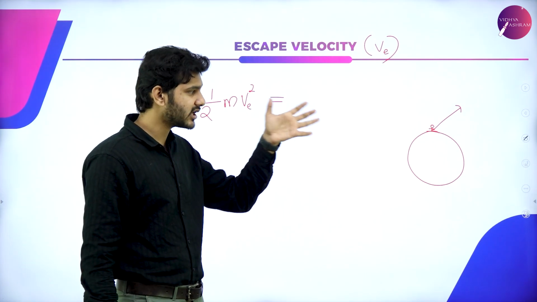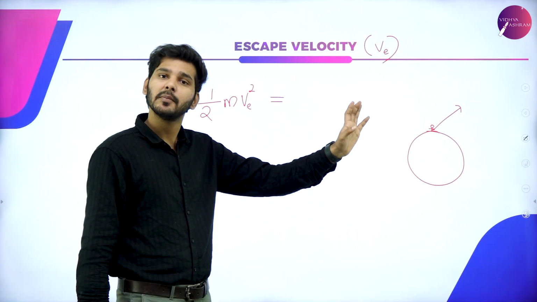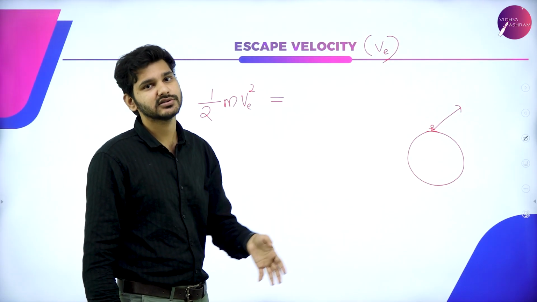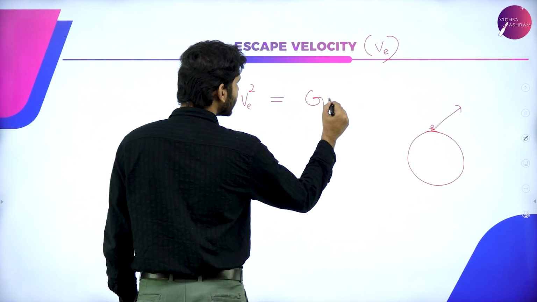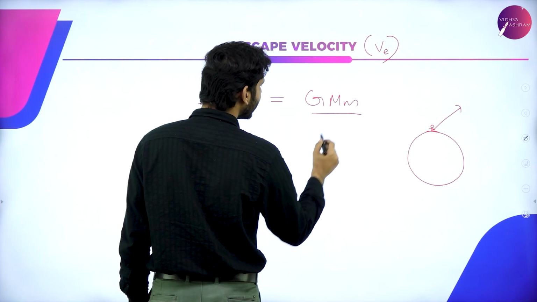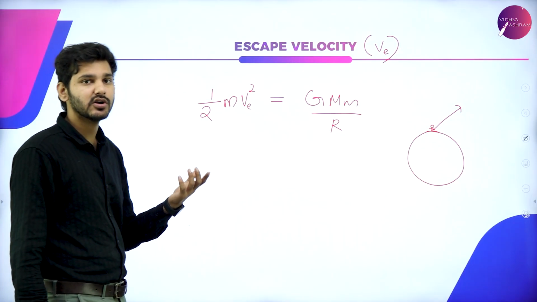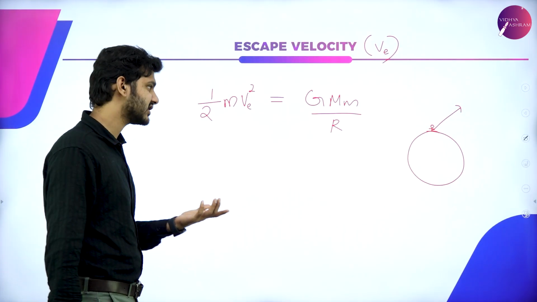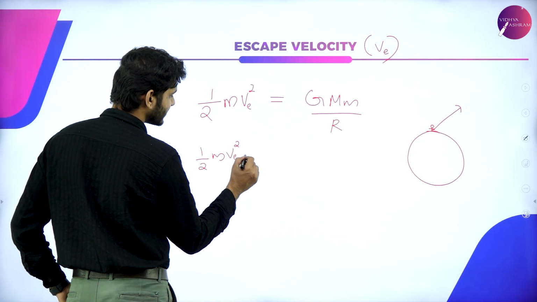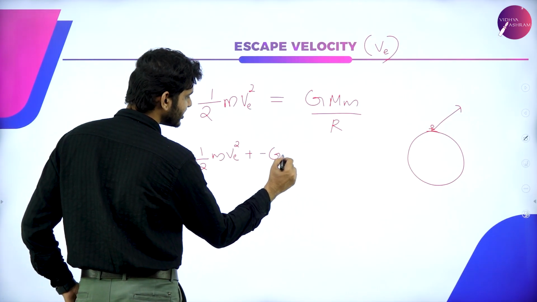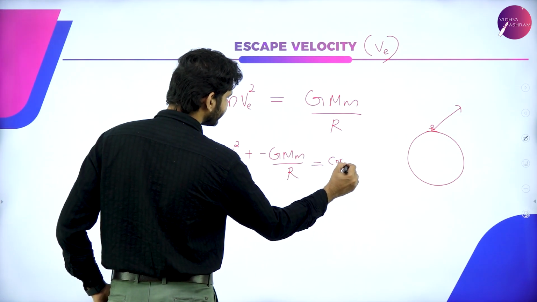So that is why I said you can use either KE plus PE is equal to 0, or simply KE is equal to minus PE, or directly you can also say this binding energy is the thing. In both cases I have to write GMm divided by R. If I'm using the mechanical concept, that total mechanical energy is a constant, then I can say half m ve square plus minus GMm divided by R is equal to a constant.